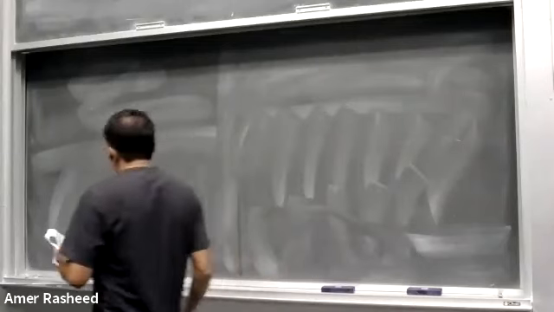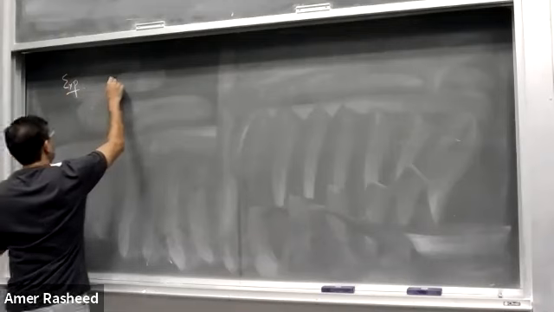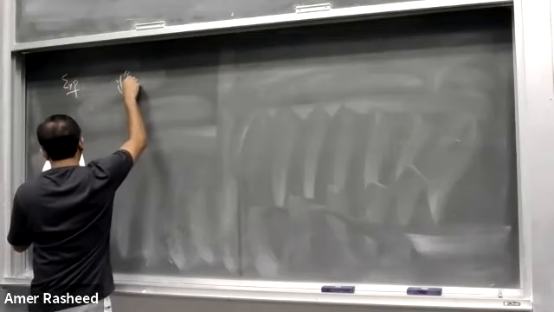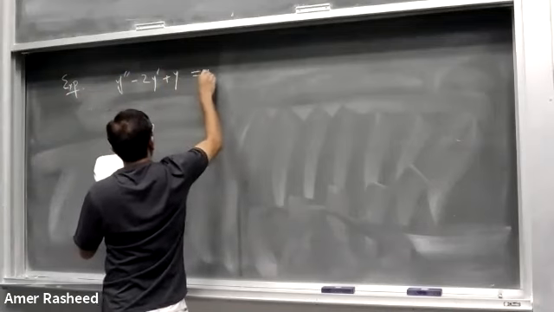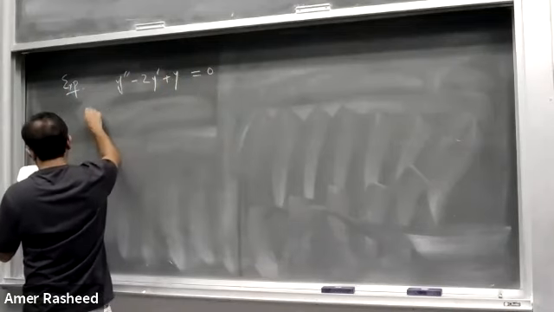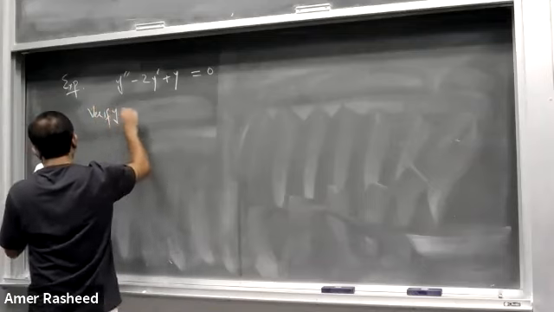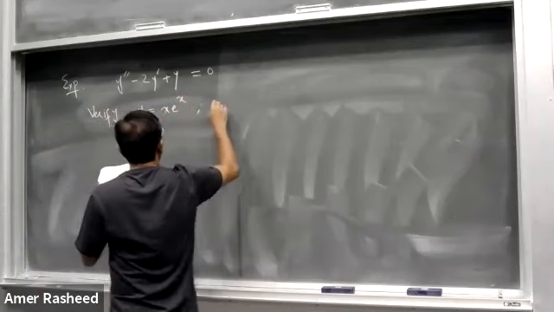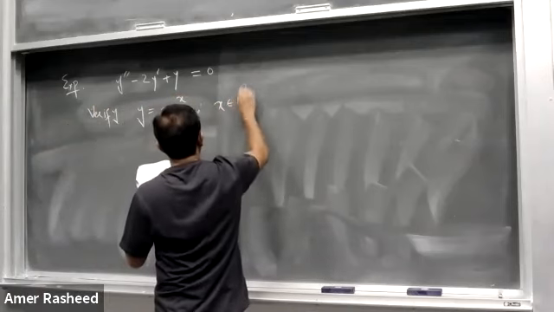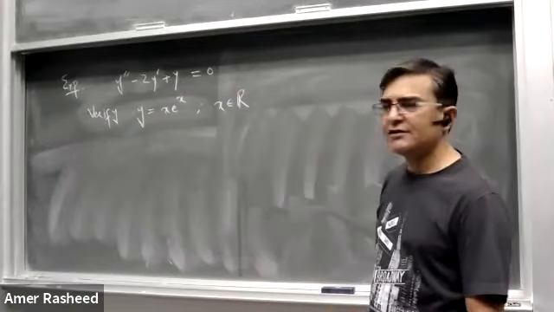Let's see another example. y double dash minus 2y dash plus y equal to 0, and verify that y is equal to x into e raised power x, defined on x belongs to R, is a solution of the given differential equation.